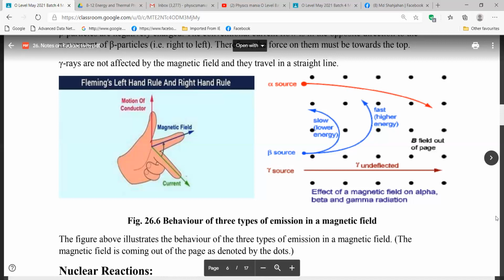Could you be a bit louder? Yes, tell me, please. Yes, sir. At first, we did the detectors, means detector of different types of nuclear emissions. Then we did the characteristics of types of emission. Then deflection, and in deflection, we also did behavior of three types of emission in a magnetic field. And now we are in Fleming's hand rule.